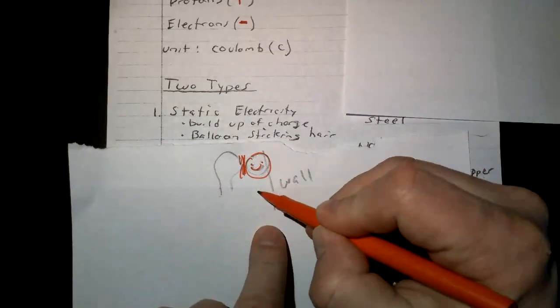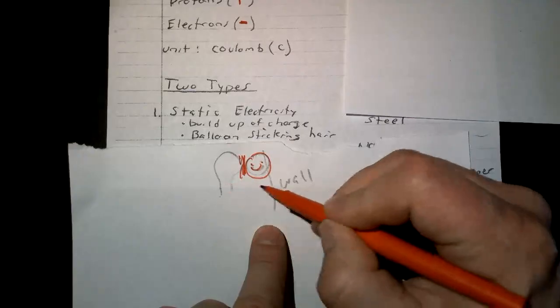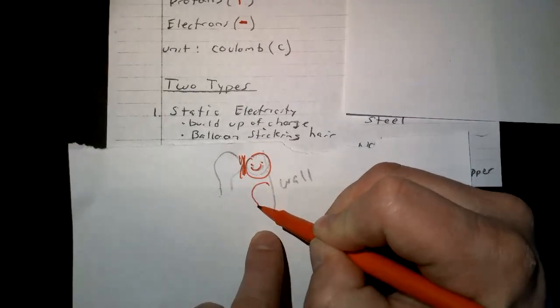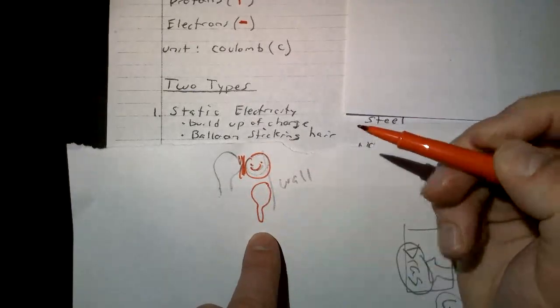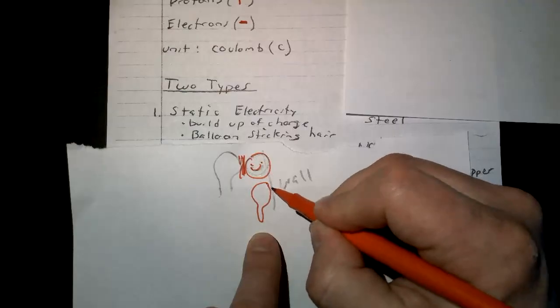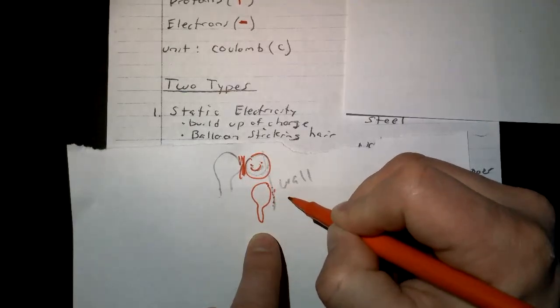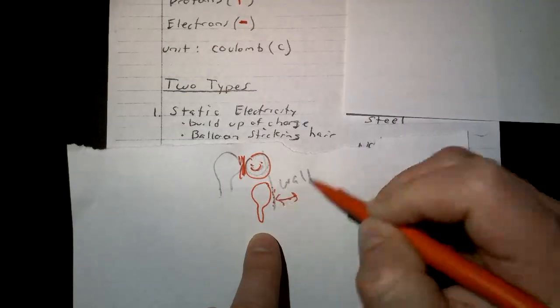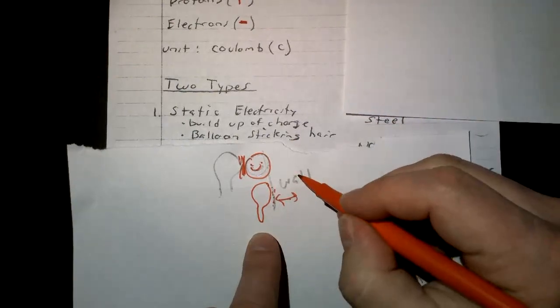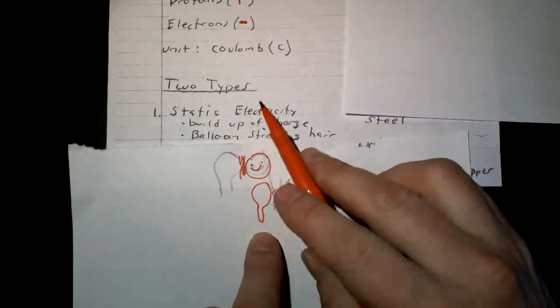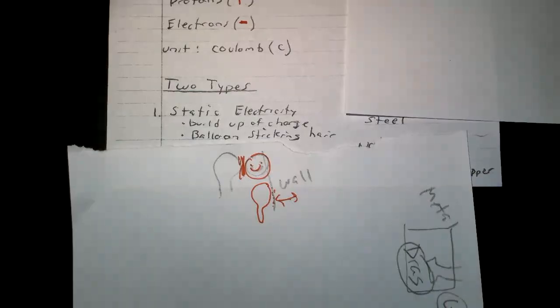And so if you put that balloon, terrible balloon, I know, on the wall, it's going to stick, because the electrons are sharing on the wall. That's static electricity.